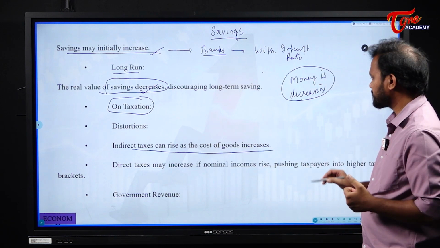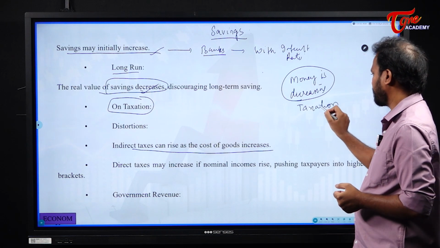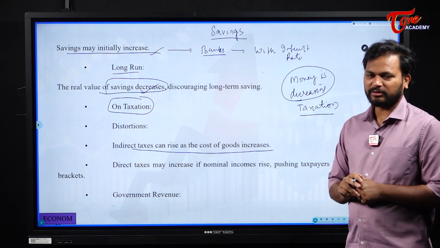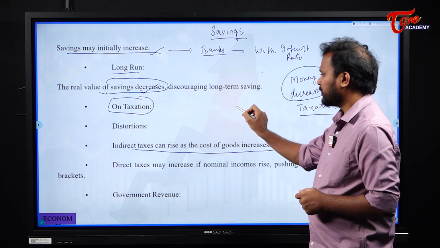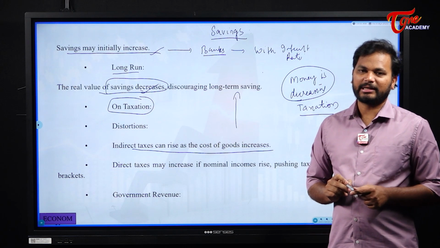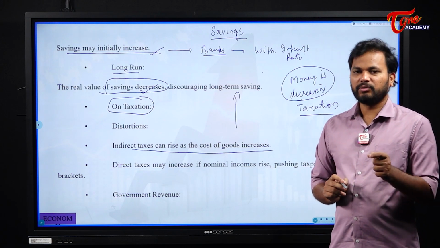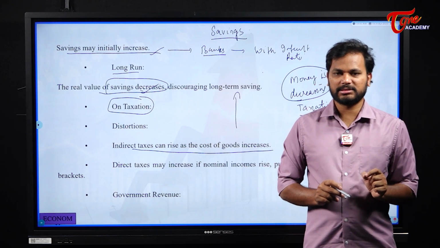I have told you in fiscal policy, the effect of the taxes is that if the inflation is high, there might be more indirect taxes. If you want to decrease the inflation, you need to decrease the indirect taxes. Why?